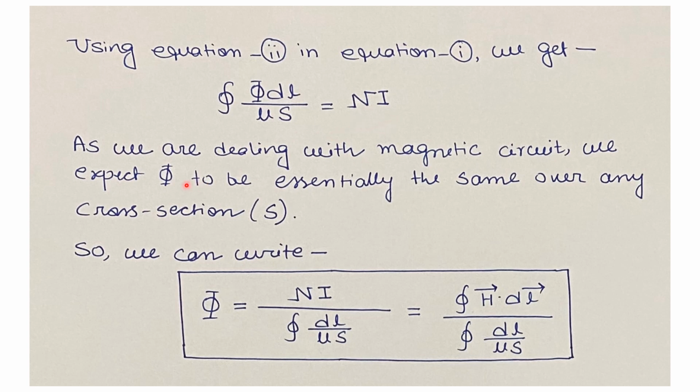Now we are dealing with a magnetic circuit, so we expect that our magnetic flux phi is essentially the same over any cross section S. So we can take the phi term outside of the integration, and we get phi equals Ni divided by the closed path integral of dl by mu S, which is basically the closed path integral of H vector divided by the closed path integral of dl by mu S.